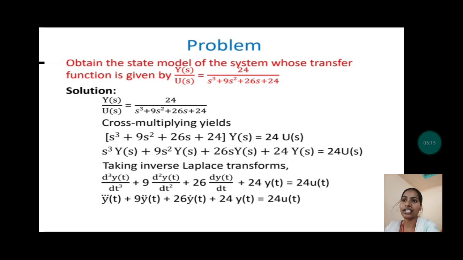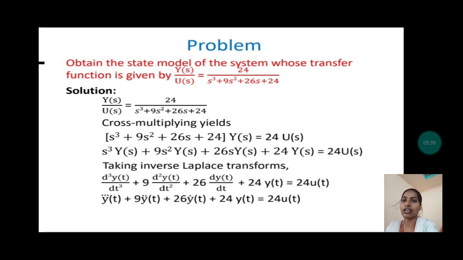By the cross multiplication, s cubed plus 9s square plus 26s plus 24 into Y of s is equals to 24 into U of s. S cubed into Y of s plus 9s square into Y of s plus 26s into Y of s plus 24 into Y of s is equals to 24 U of s.